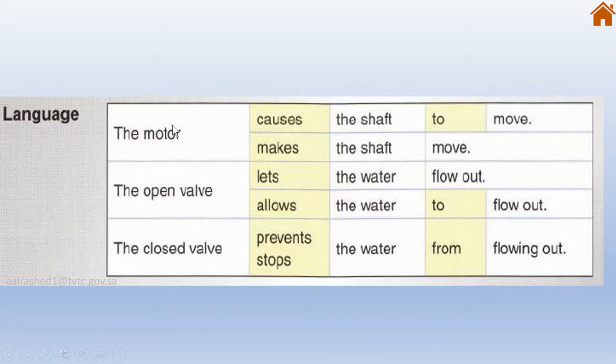Okay, anger causes Ali to cry. You can say Ali is crying because he is angry. If you want to make it one sentence, you could say anger causes Ali to cry.